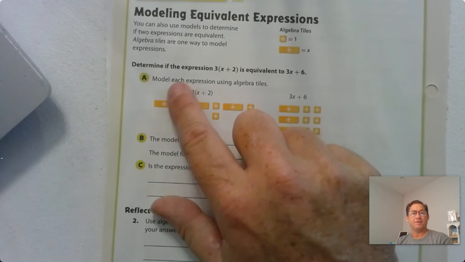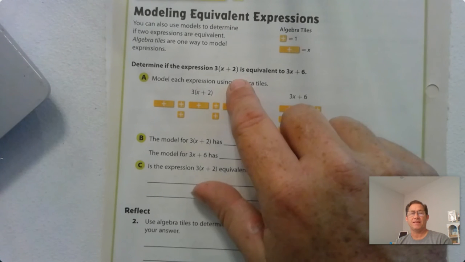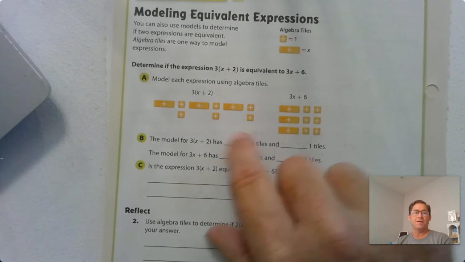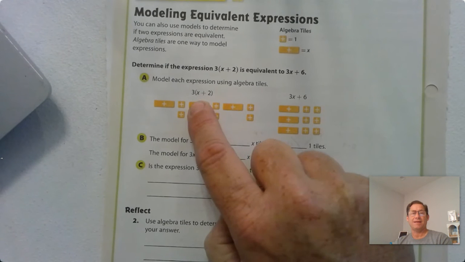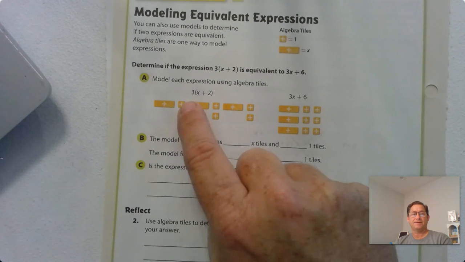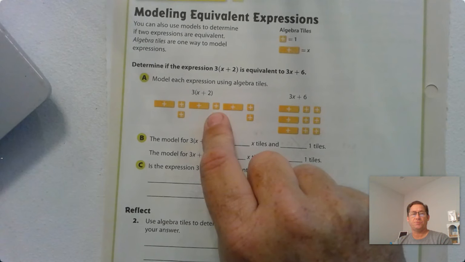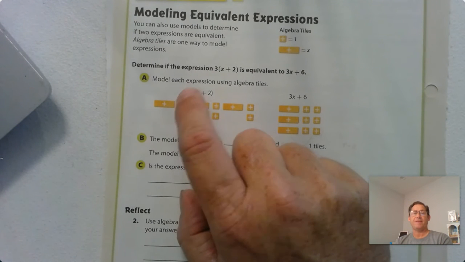So here, determine if the expression 3 times the sum of x plus 2 is equivalent to 3x plus 6. How can we model 3 times x plus 2? Well, here we have x, and here's the 2. So x plus 2, x plus 2, x plus 2. In other words, we have 3 sets of x plus 2.